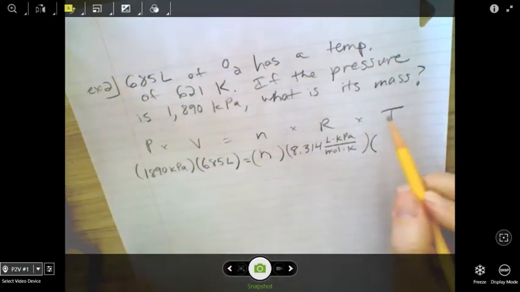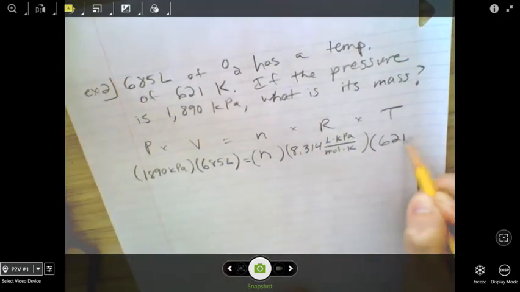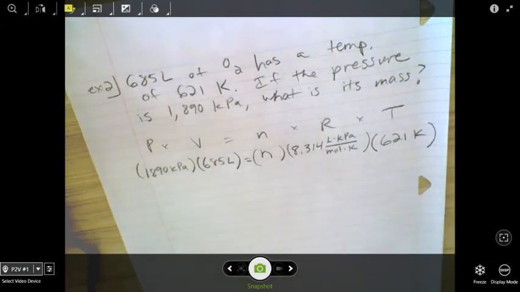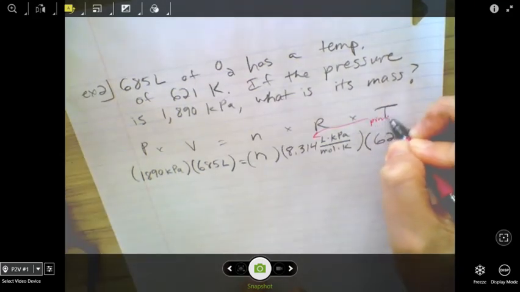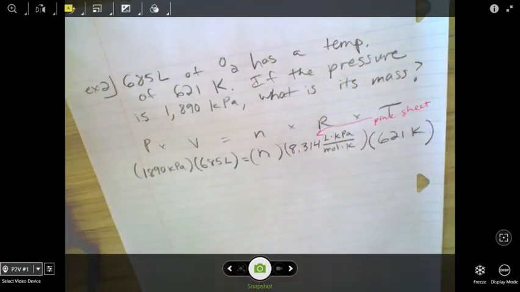And then the temperature is already in Kelvin. That's nice. You don't have to convert it. So if you can write yourself a note that this is from your pink sheet, in case you see that later and don't know where it came from.